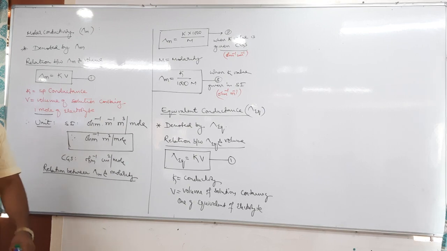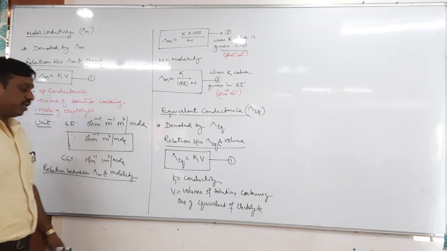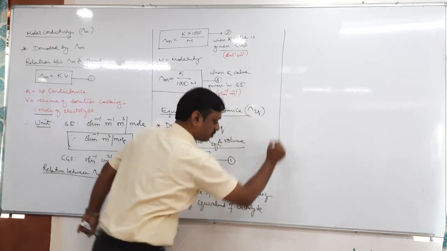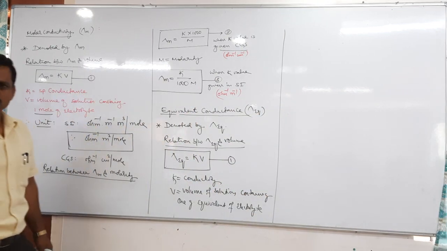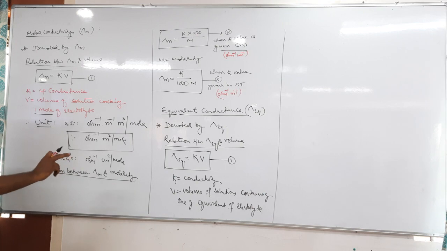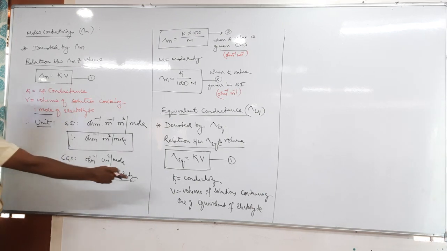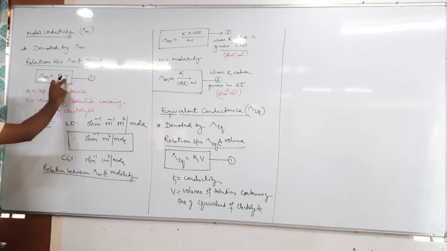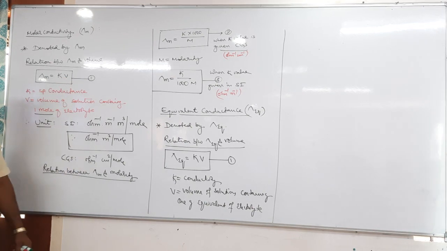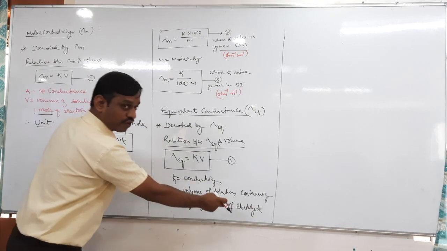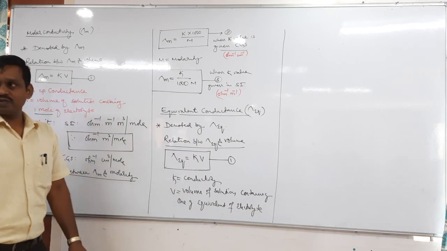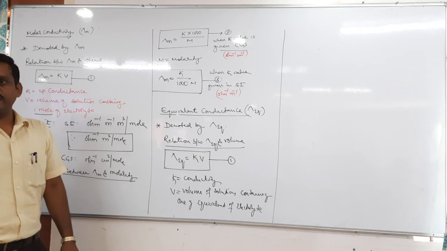So V is a volume of solution containing 1 gram equivalent of electrolyte. Therefore, this volume is different, this volume is different. This volume is the volume of solution containing 1 mole of electrolyte. Here it is 1 gram equivalent of electrolyte. Therefore, both the volumes are different.